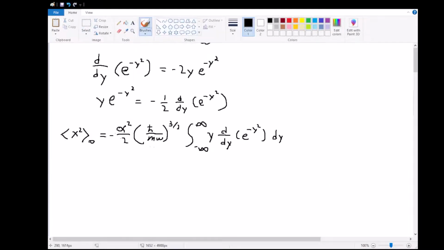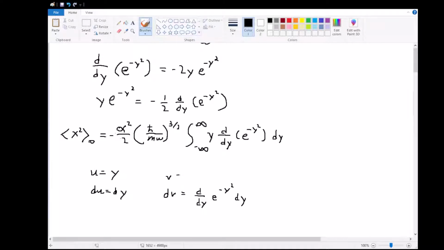Then we use integration by parts. So if we say that u is equal to y, then du is equal to dy, and dv is equal to d by dy of e to the negative y squared dy.